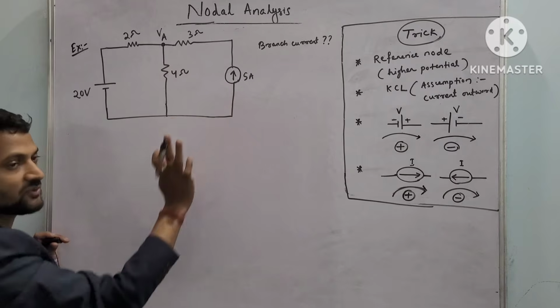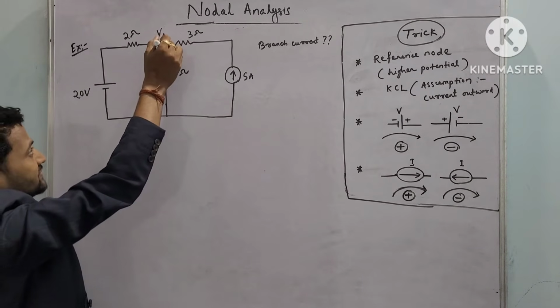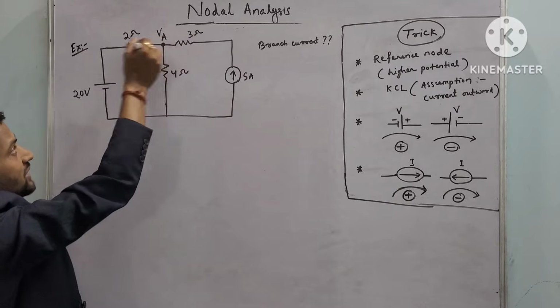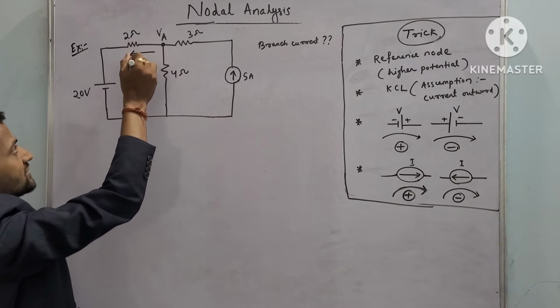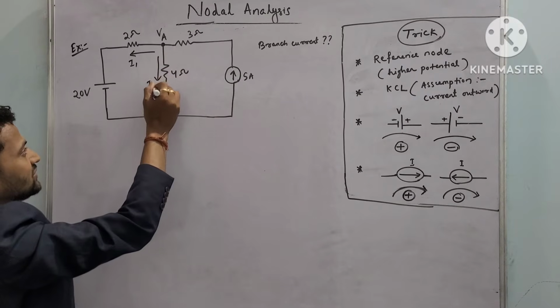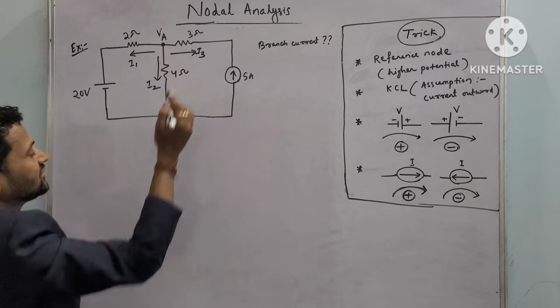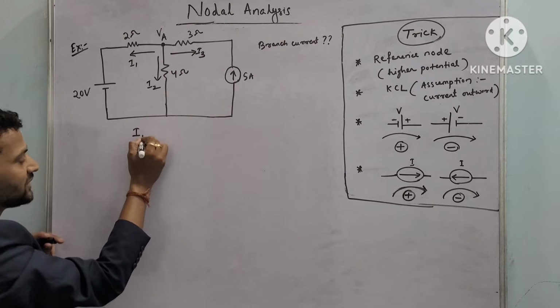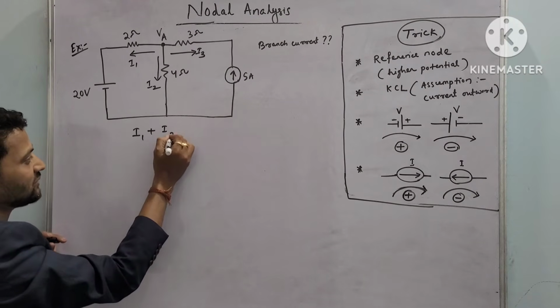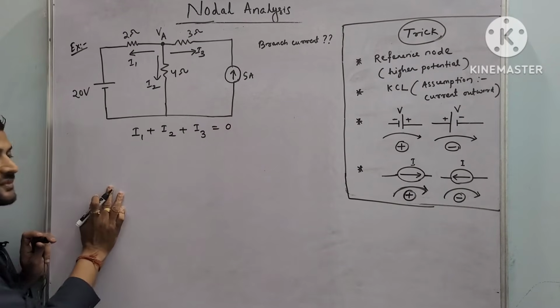What is KCL? The sum of currents meeting at a point is 0. With respect to that node, how many branches are there? Branch 1, let this current be I1, branch 2, let this current be I2, and branch 3, let this current be I3. If I apply KCL, I can write I1 plus I2 plus I3 will be 0.